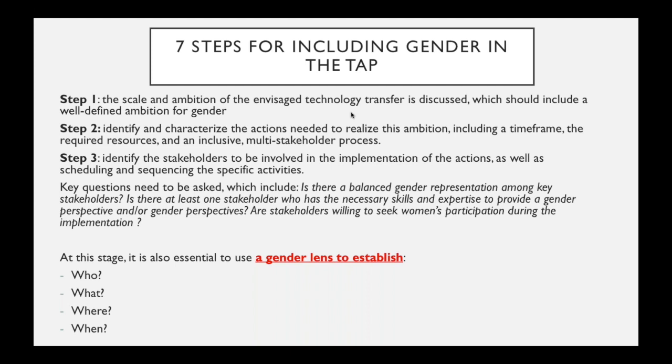Is there at least one of them who has the necessary skills and expertise to provide the gender perspective or gender perspectives, to make sure that the focus is on all the expertise that there is, in country or between countries, to make this process happen, and that it's not a top-down activity? And also, are stakeholders willing to seek women's participation during the implementation? At this stage, it's essential to use a gender lens to ask the who, what, where, when questions to really determine how this is all going to happen.